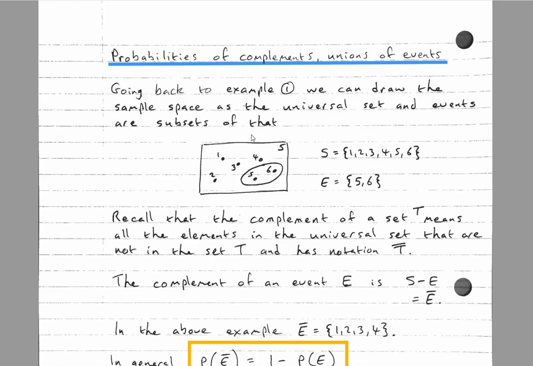So we can use a rectangle for the universal set. So in this case, that's the sample space, so all possible outcomes. So for rolling a die, there are 6 possibilities, so six elements. And then the event E in example 1 was rolling a 5 or a 6. So that's this subset. So this is E.